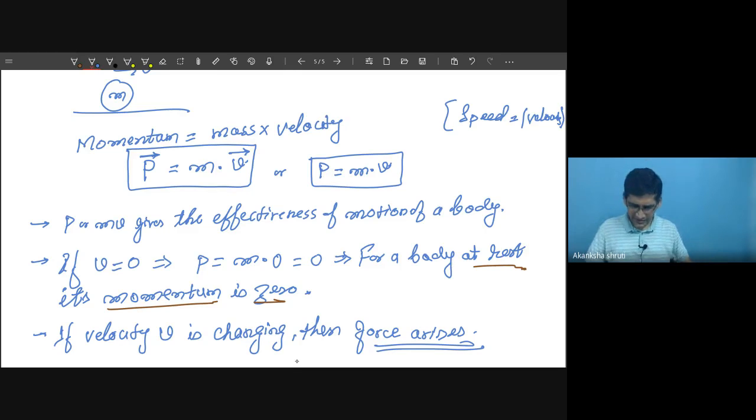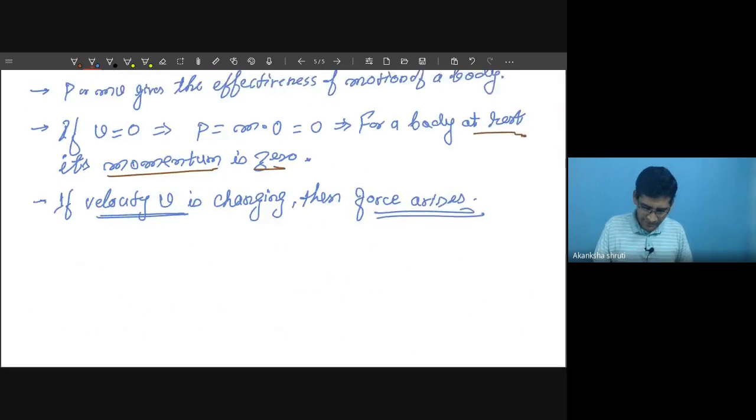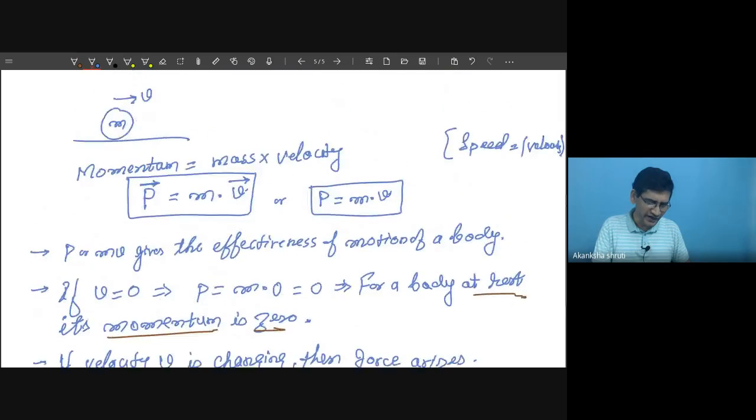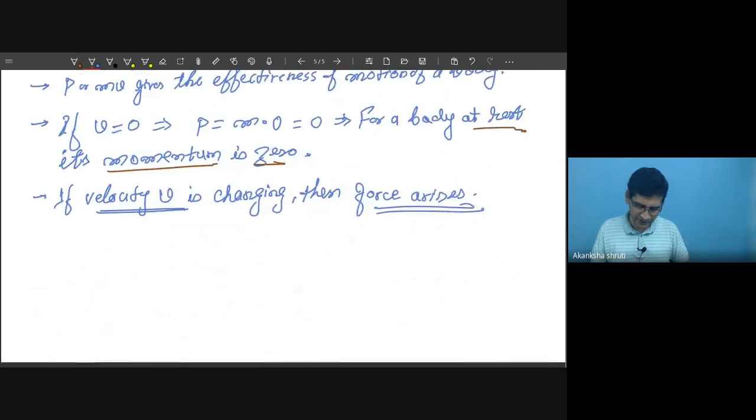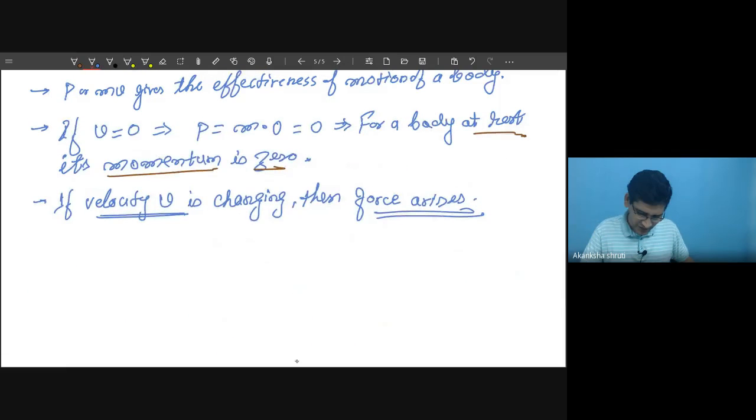So how is this? This we have to understand. Students, here we have considered a body with mass m moving with speed v. But it is possible that I am taking a long road in which the body m is initially moving with the speed u.